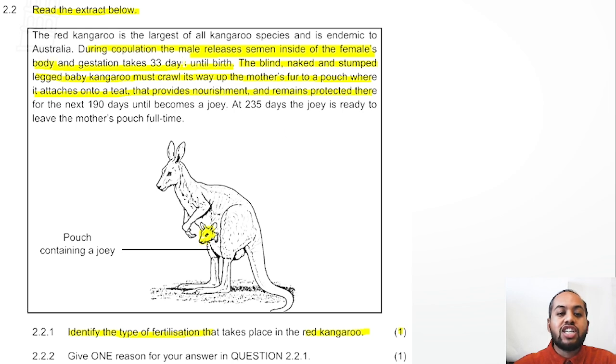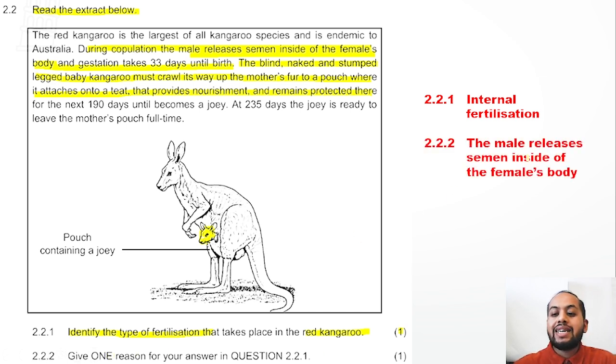That is an indication that we are looking at internal fertilization. Therefore 2.2.1, internal fertilization. 2.2.2 asks you to give one reason for your answer in question 2.2.1. So the male releases semen inside of the female's body. And that is why we can say it is internal fertilization.